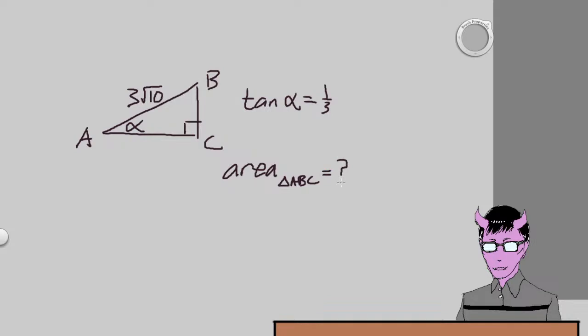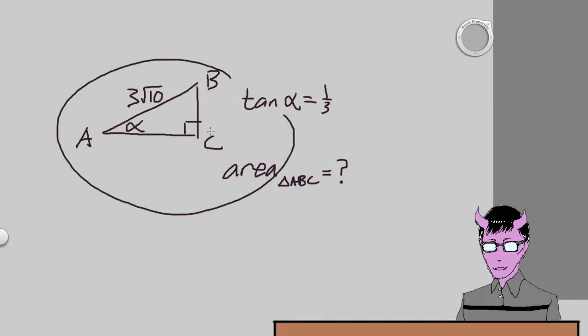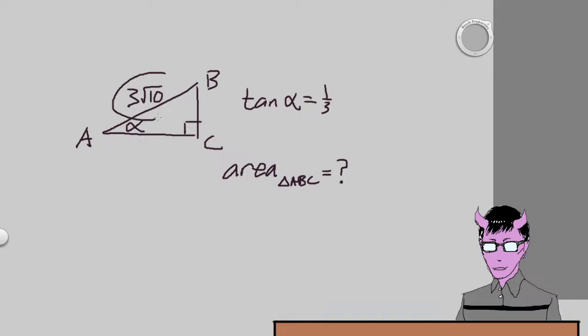So kind of a compound problem. We're mixing up the formula for a triangle with this particular situation. So our job is to figure out base and height, and then use the classic formula: area is equal to 1/2 times base times height. But we're only given one particular side, and then we're given a ratio.